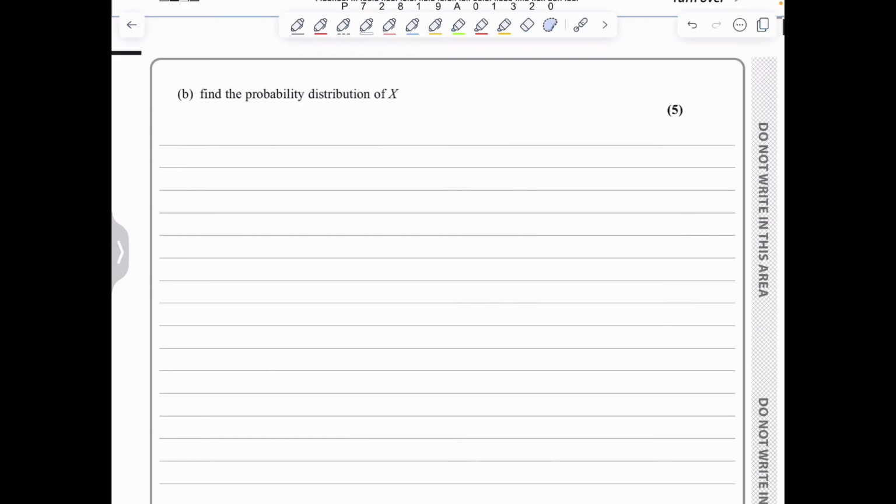In B, we need to find the probability distribution of x, so essentially we need to determine the values of a, b, c, and d, and I will follow in exactly the same fashion we employed in A. So I could start by saying the probability of S intersection x is 20 times the probability of x is 20 is equal to the probability of S intersection x is 50 times the probability of x being equal to 50.